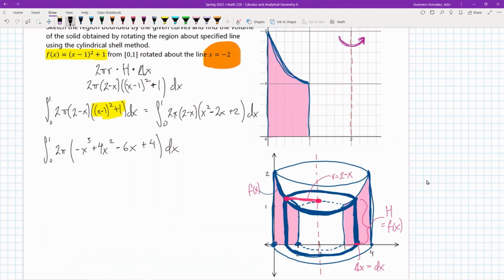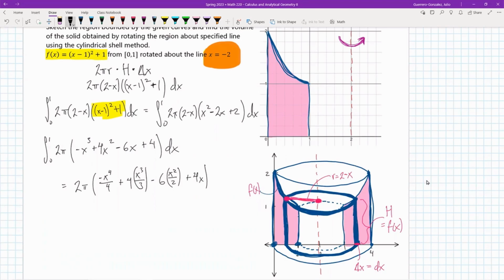Since I'm still doing this with respect to the x variable, this integral now becomes 2 pi times, I'm going to go ahead and do the integral now, minus x to the fourth over 4 plus 4x cubed over 3 minus 6x squared over 2. I'm going to put that in parentheses, that one too.